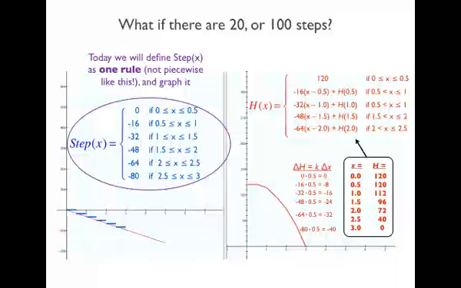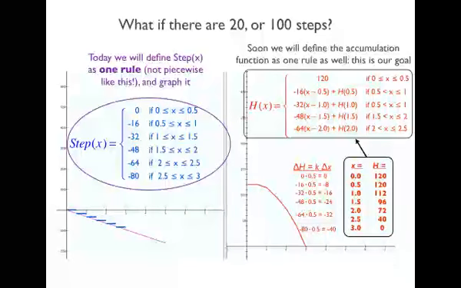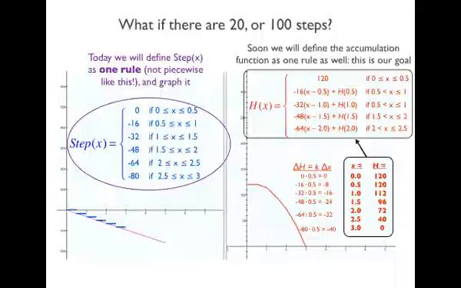Okay? So this is pretty cool. Even if there are 100 steps, it'll still just be one rule. We do this today. But our real goal is what? Our real goal is then, in order to get this as one rule as well, that's harder, but we need this one line, the one rule for step X, in order to do it.